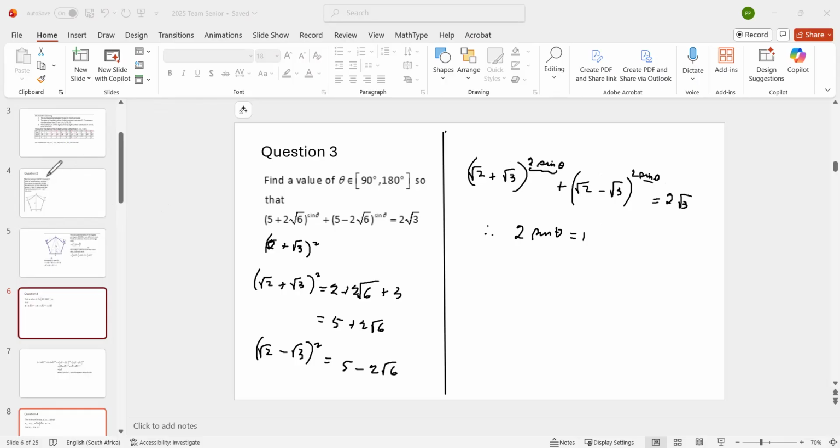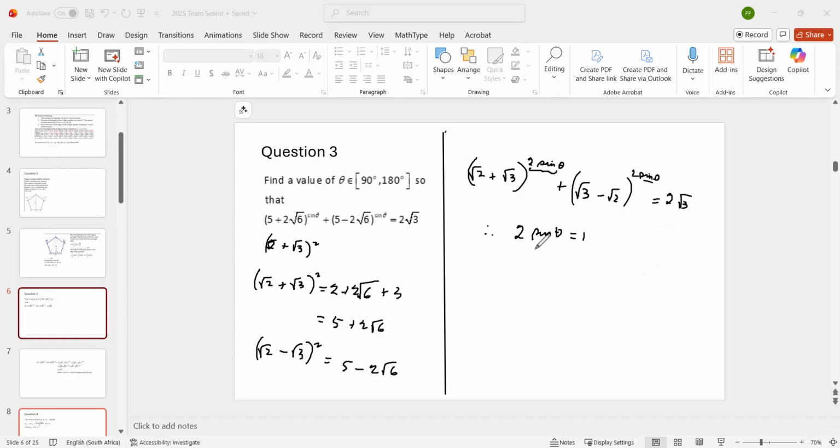But if I turn this thing around, instead of root 2 minus root 3, I can put root 3 minus root 2. Whether you square root 3 minus root 2 or root 2 minus root 3, you'll get the same thing. A number and its negative, the square comes to the same result.